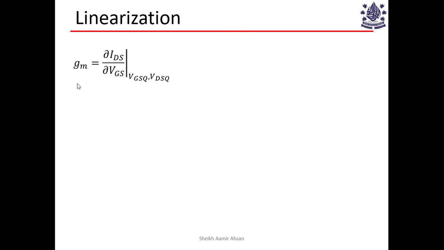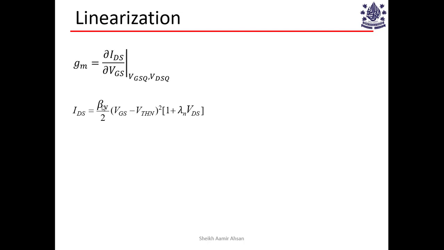Let's take a look at GM. GM is the small signal transconductance, that is del IDS by del VGS. We take a derivative of the current versus VGS at a fixed bias condition, fixed VGSQ and VDSQ. Okay, what is the equation for IDS as a function of VGS?